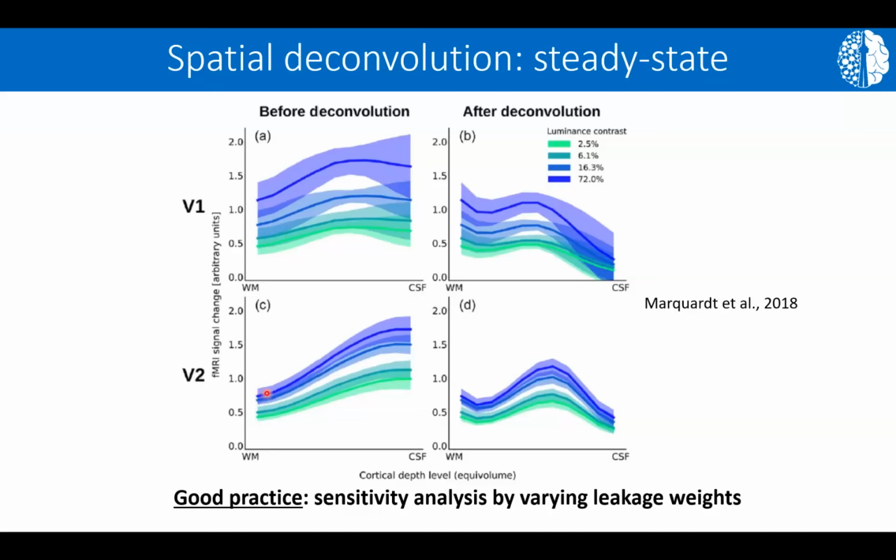If there were a constant slope, and you subtract the same weight, you will just get a straight line, which might be decreasing or increasing, but you will not get a peak. But if the slope changes, then you will get a peak, which means non-linearities in your original curve will give some features in the deconvolved profiles after spatial deconvolution. So you have to pay attention when you look at the profiles, whether there's some non-linearity.